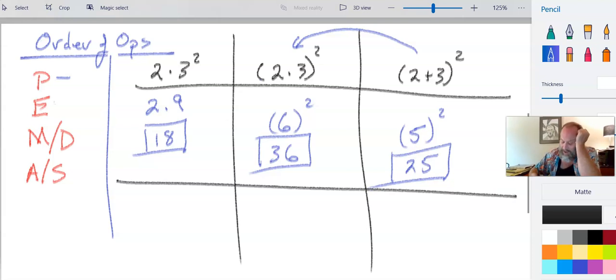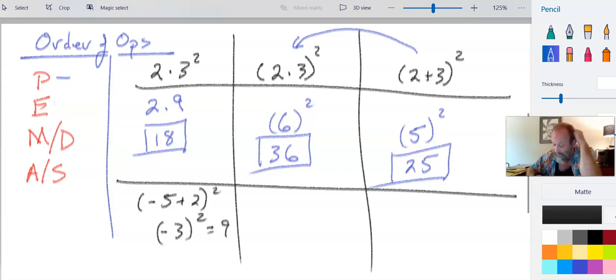If I have something like negative 5 plus 2 squared, if I add these together, I get a negative 3. Now, here you do need the parentheses, right? The square of negative 3 is 9. If you leave the parentheses off and write this, what that means is you'll get an answer of negative 9.